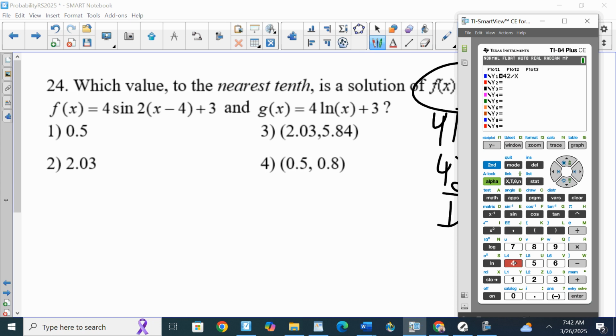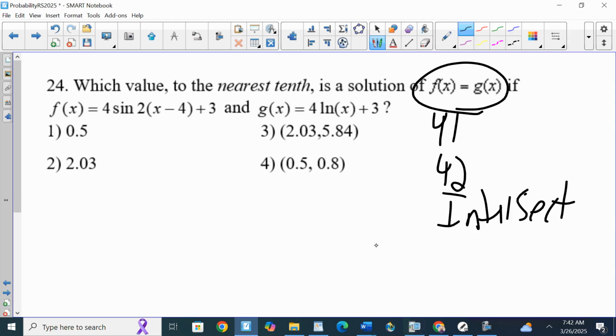Y1, I have 4 sine 2 parentheses x minus 4 plus 3. I have 4 ln x plus 3. There should be parentheses, that's my bad.